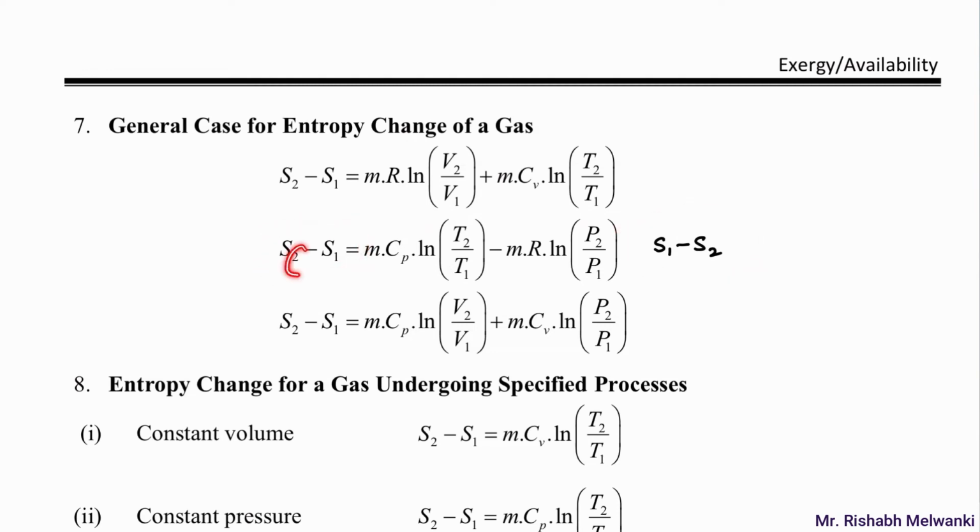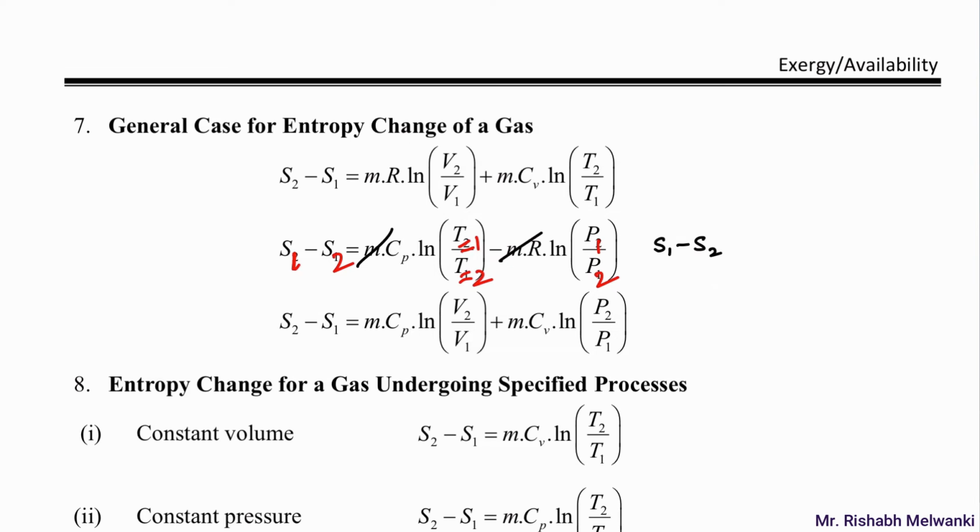So instead of 2, I'll write 1, and instead of 1, I'll write 2. M will get cancelled. Here also 1 becomes 2, and here 1, and here 2.